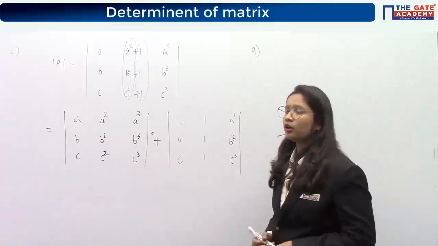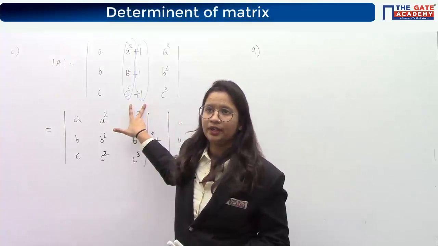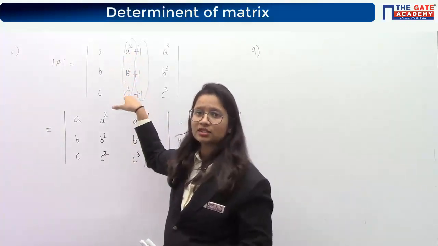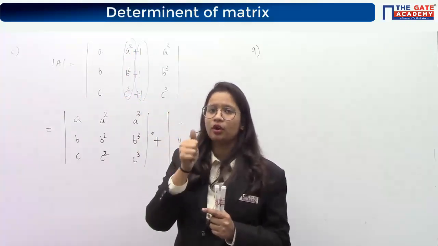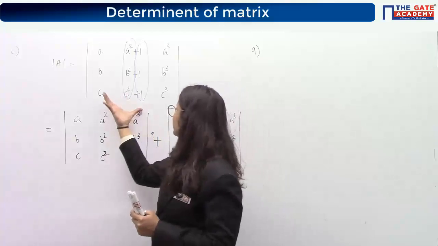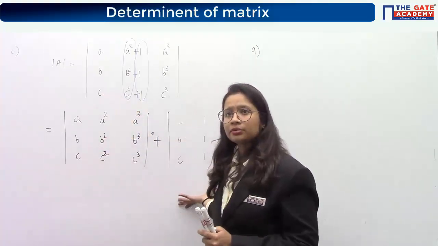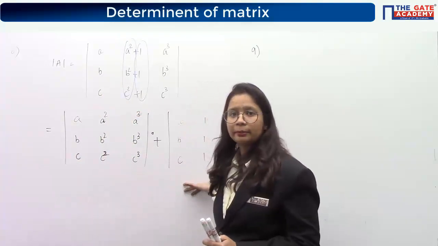So the property was that if your column consists of more than one term, like in this case the column consists of a square plus 1, b square plus 1, c square plus 1, so there is a sum of two terms in every element of a particular column, then you can split this determinant into a sum of two determinants like this.